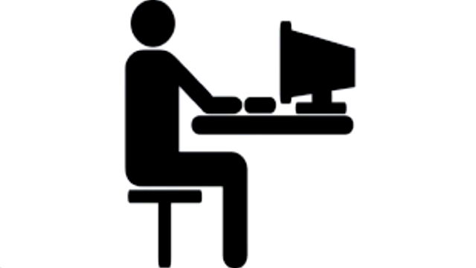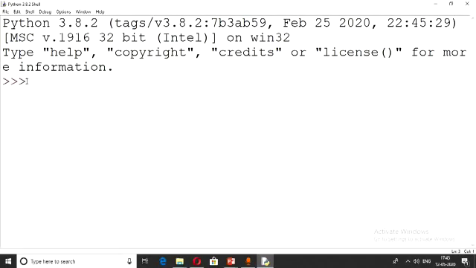We use this mode when we want to write small codes and when we want to immediately check the output of our code. Here you can see three greater than signs. This is our command prompt where we can type our command.